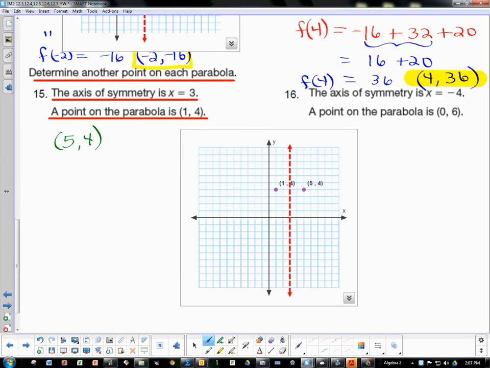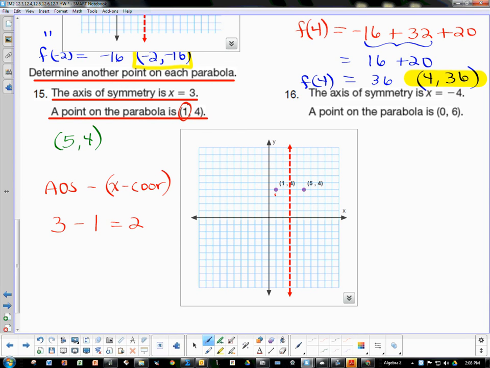Now how would you do this? Well, algebraically. What you can do is take that axis of symmetry and subtract an x-coordinate. So the axis of symmetry is 3 minus, and the x-coordinate is this 1 right here, which is 1. That's going to be 2. That actually gives you the distance.